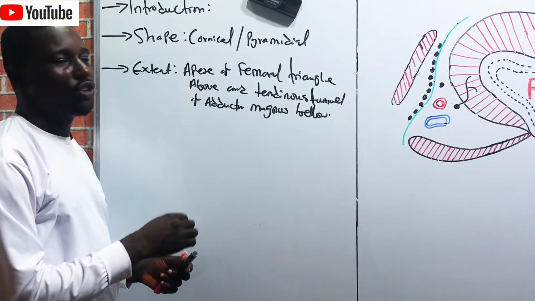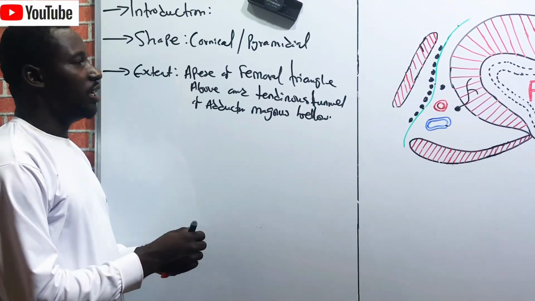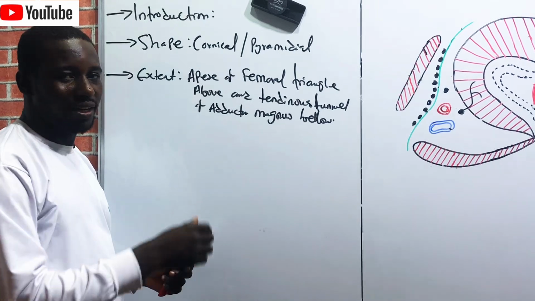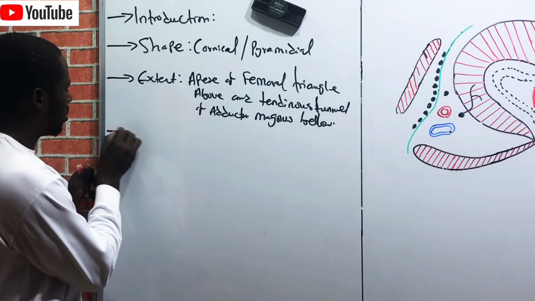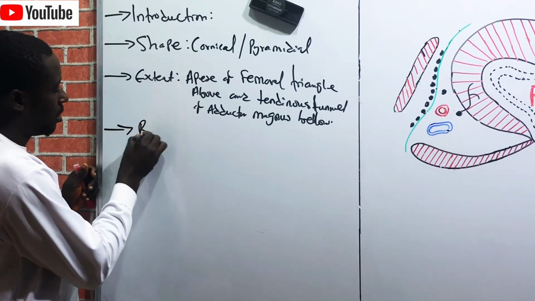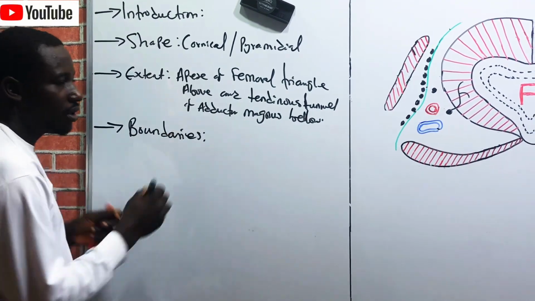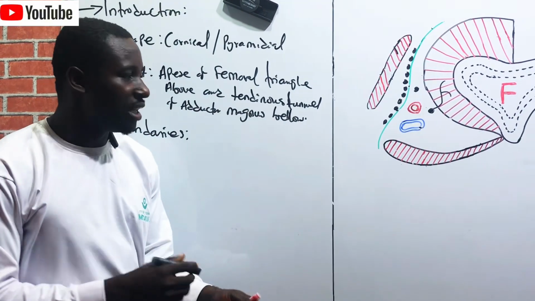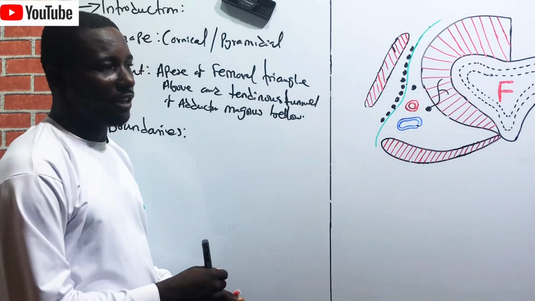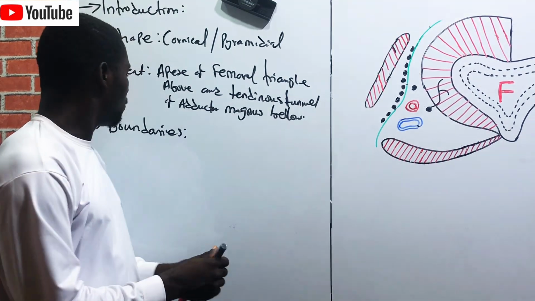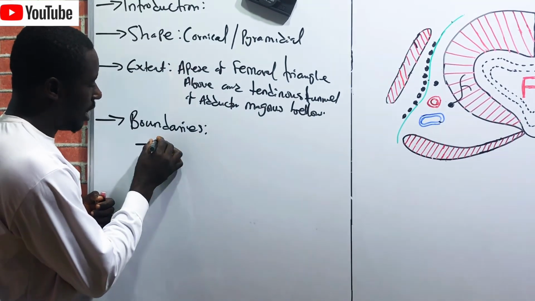Up next we're looking at what we call the boundaries of the adductor canal. What are those boundaries associated with the adductor canal?